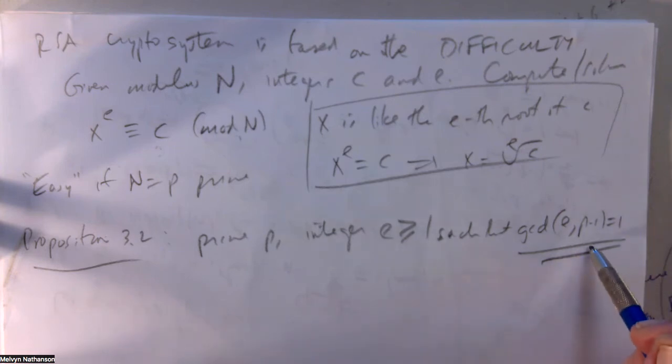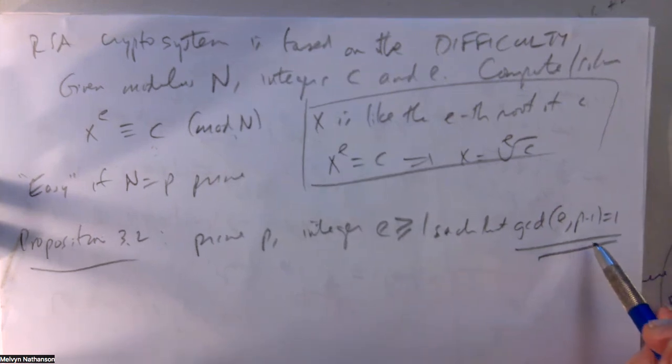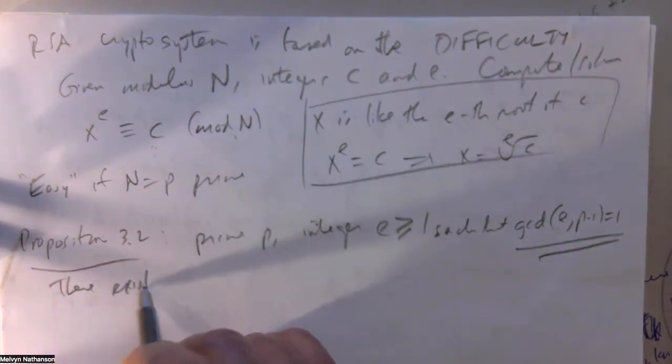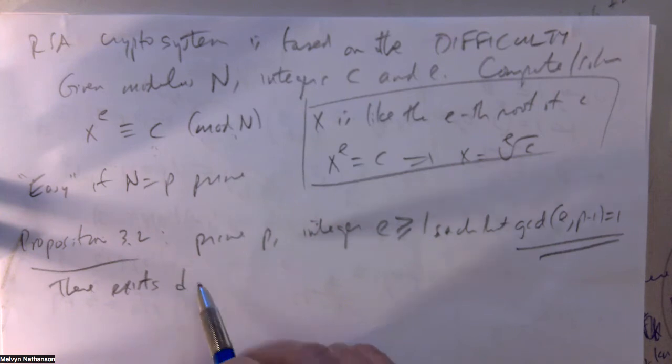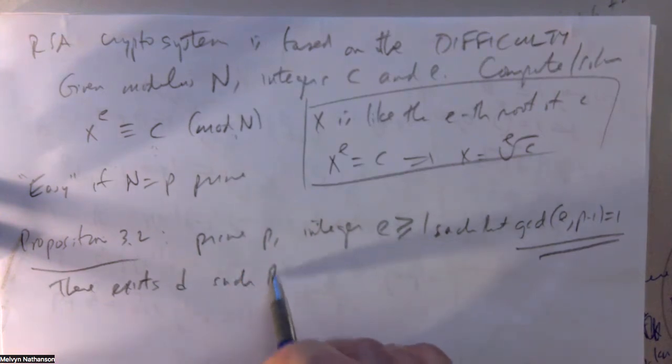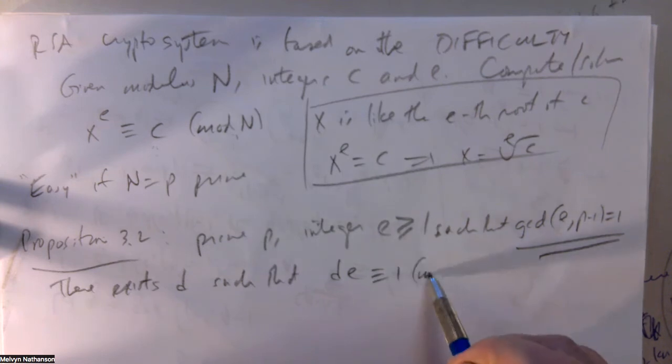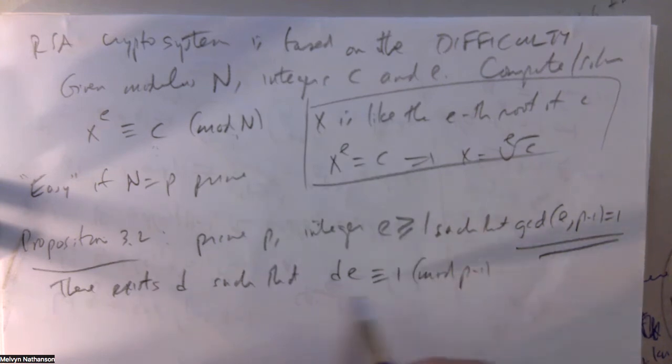So by the extended Euclidean algorithm, we know there exists an inverse, an integer d, such that d times e is congruent to 1 mod p minus 1.